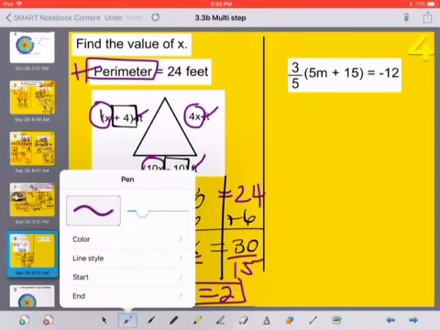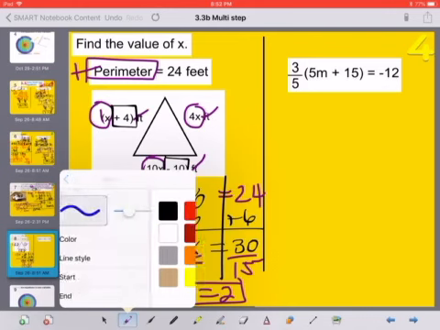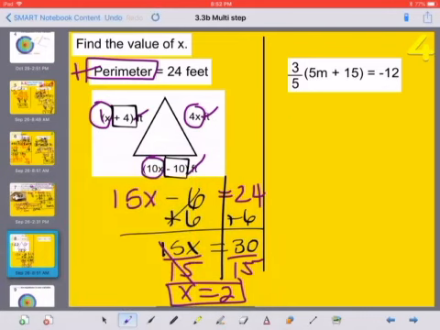All right. Next, 2 things you could do here. You could multiply by the reciprocal, or you can distribute. This one, since both of these numbers in here are multiples of 5, it'll actually work out to be a nice number. So we're going to distribute.